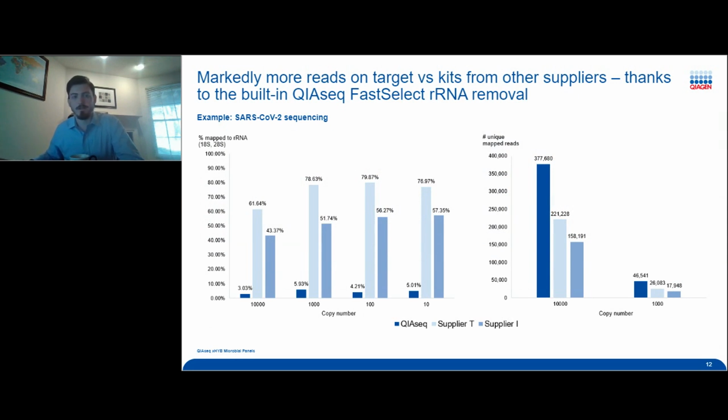And so these competitor products, supplier T and supplier I, are also hybrid capture based. And so this is actually a direct comparison against competitor respiratory virus hybrid capture based panels, where you see that we get significantly more unique mapped reads to target. Okay, thank you.